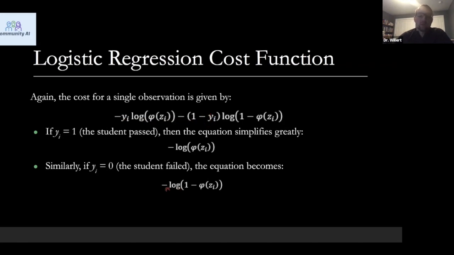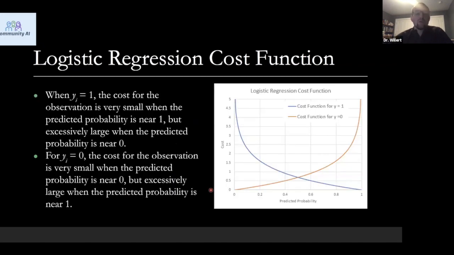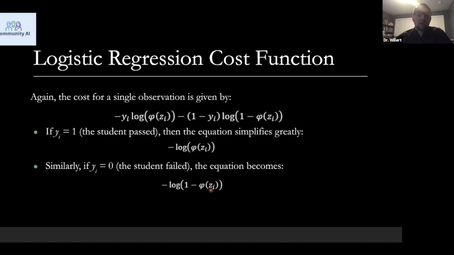So we end up with a negative log of 1 minus phi of z sub i. All right, so for our observations, this equation simplifies greatly. And now let's look at those two terms. So let's look at the negative log of phi of z sub i and the negative log of 1 minus phi of z sub i.